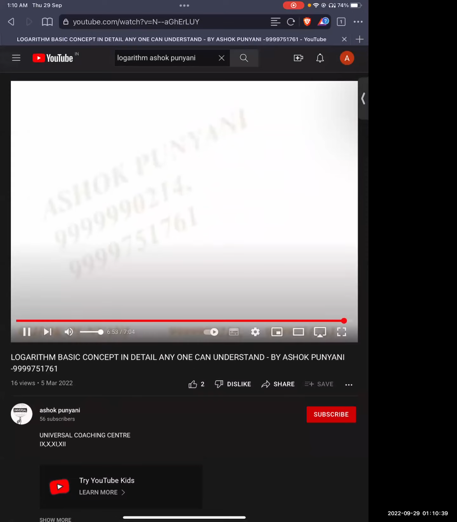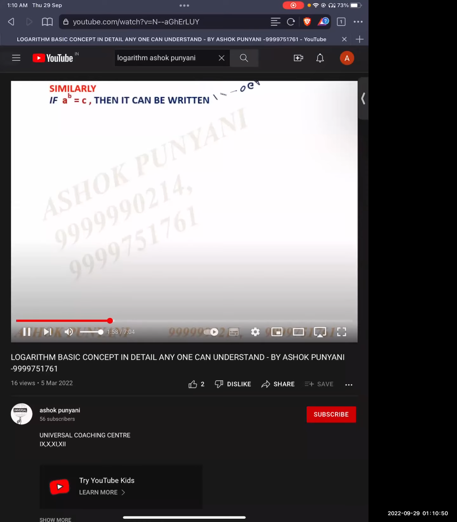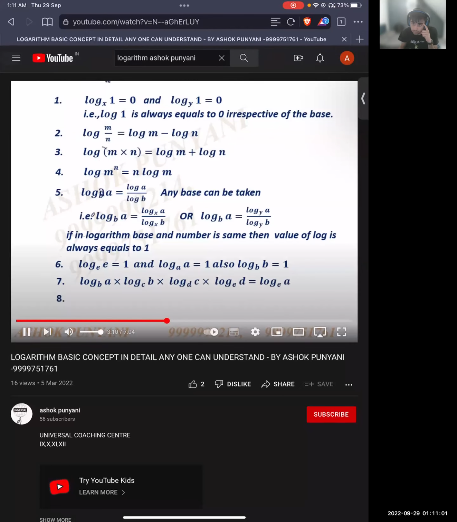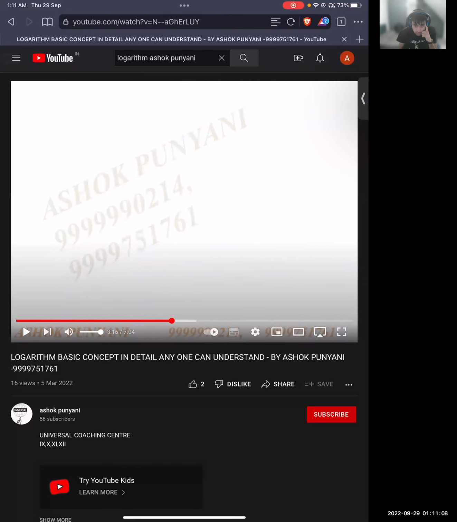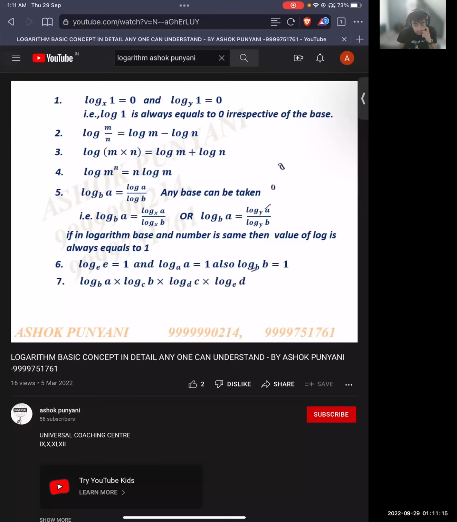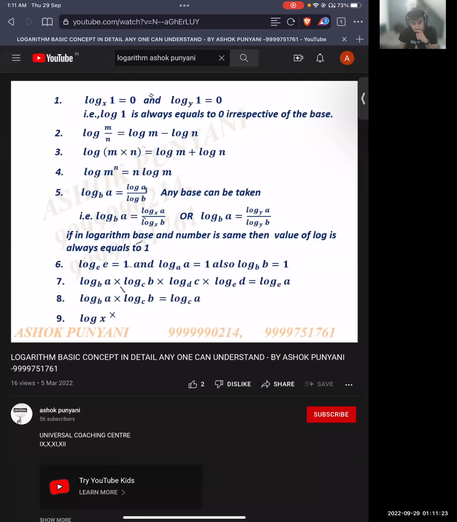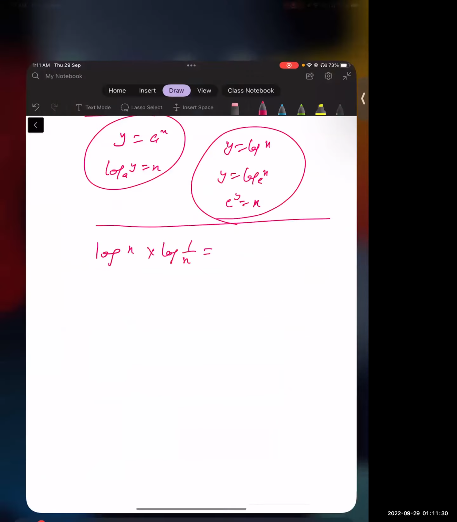I don't know why it goes wrong always. Log x into log 1 by x, what is it?